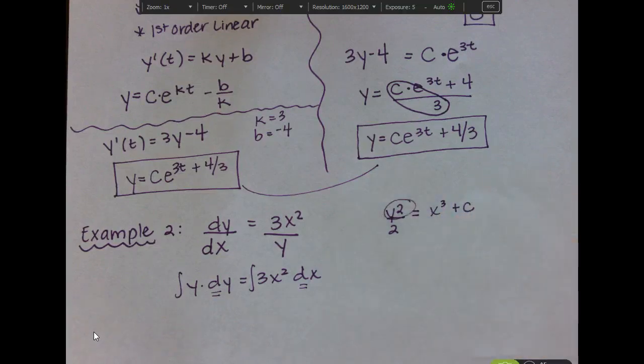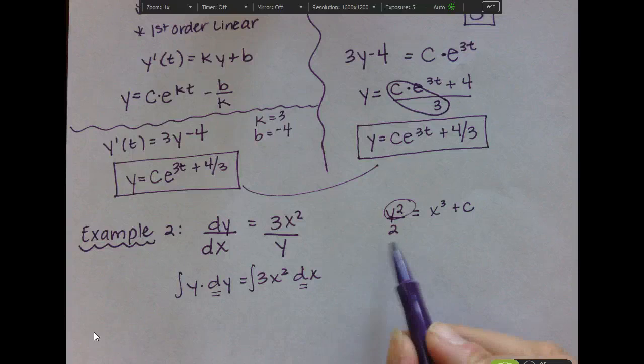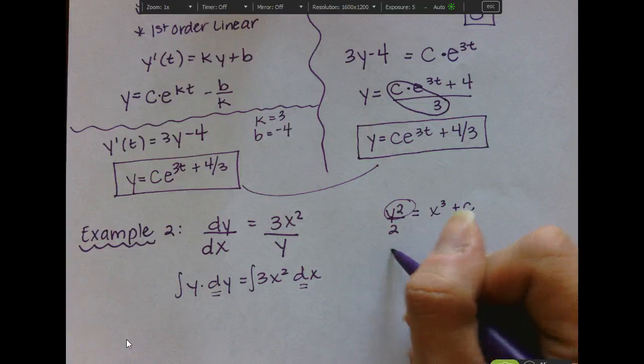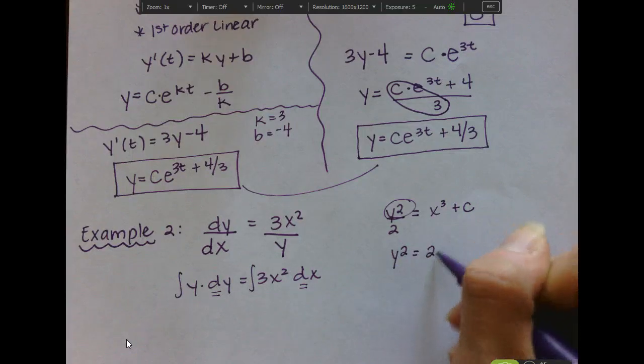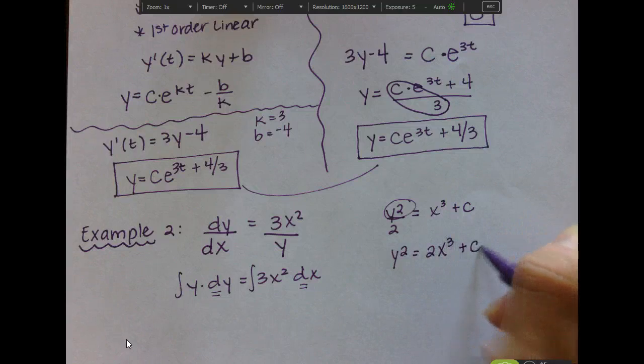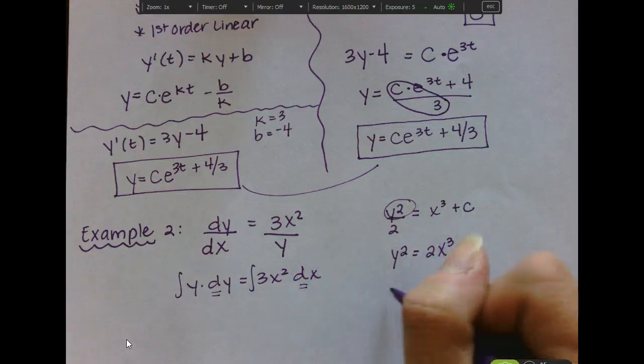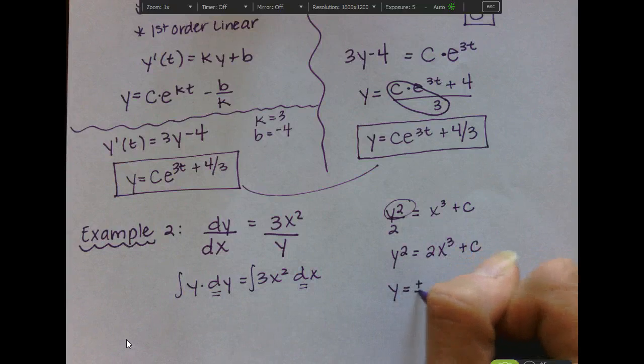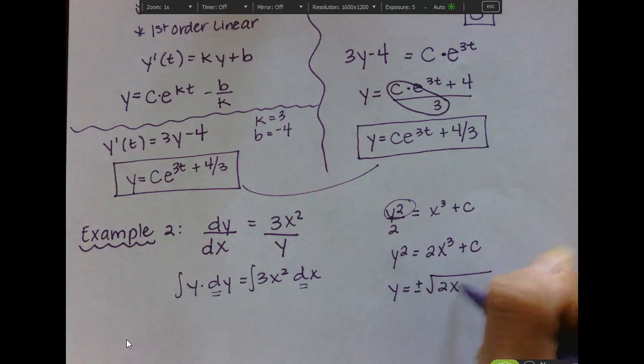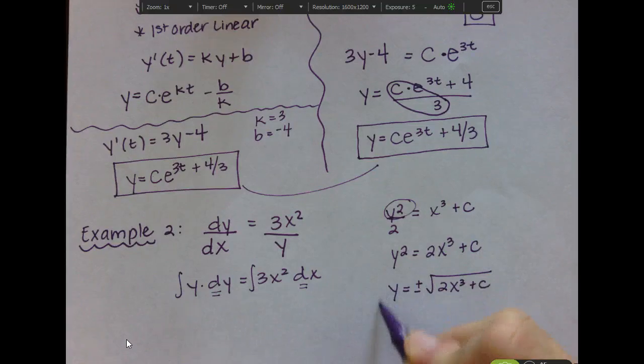Let's solve this for y. I'm going to multiply by 2 on both sides of the equation. I don't need to multiply c by 2 because it's just a constant. Finishing this off, since it's y squared, I need to undo that by square rooting both sides of the equation. And that's my solution.